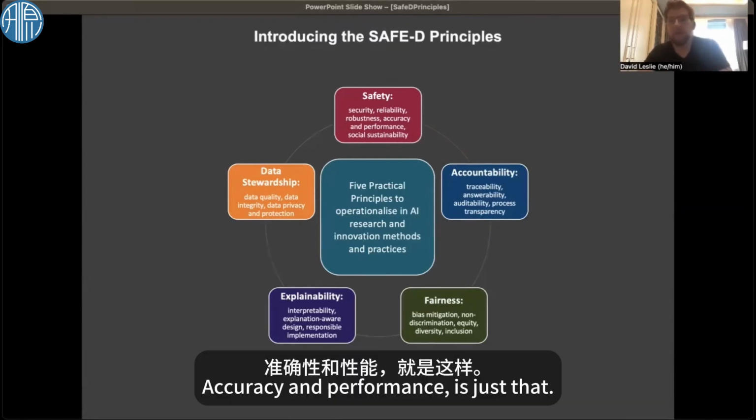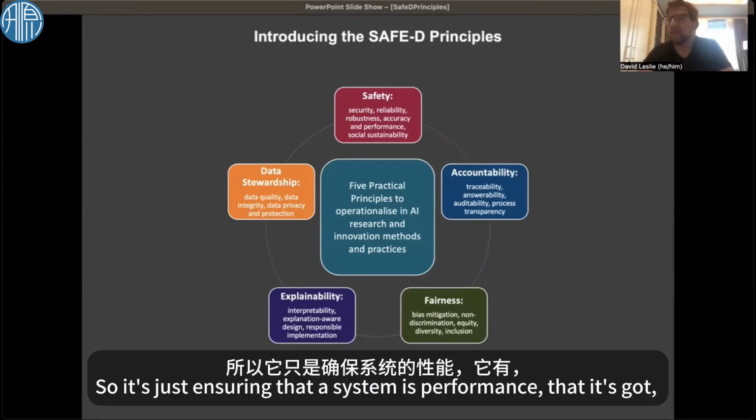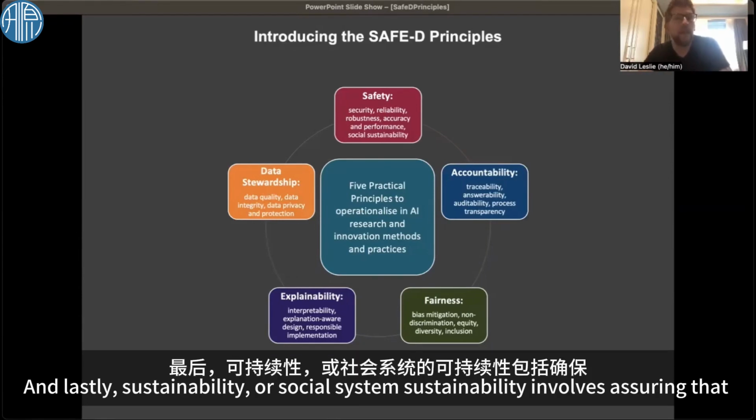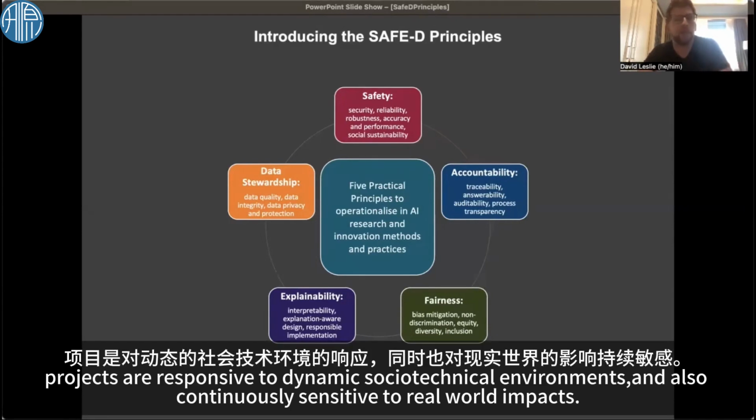Accuracy and performance is just that. It's ensuring that a system is performant, that it lives up to performance metrics like precision or accuracy or what have you. And lastly, sustainability or social sustainability involves assuring that projects are responsive to dynamic socio-technical environments and also continuously sensitive to real-world impacts.